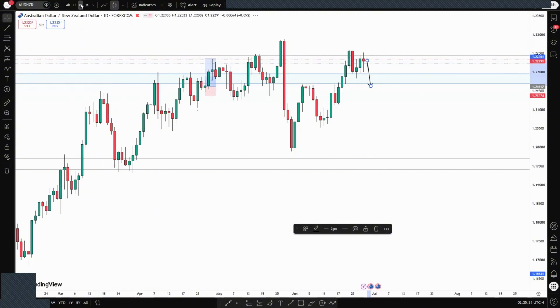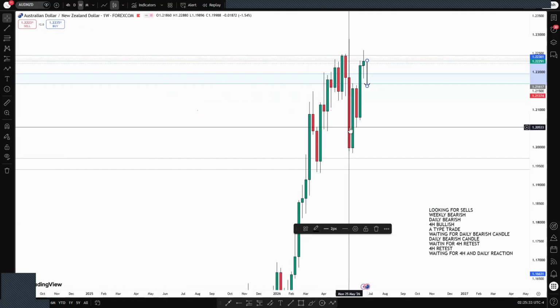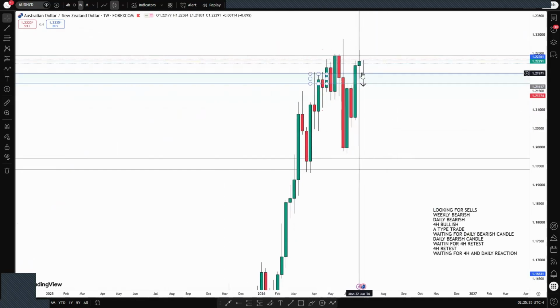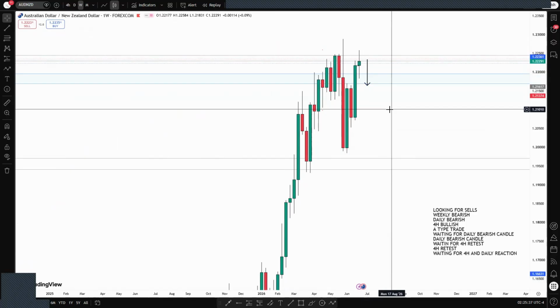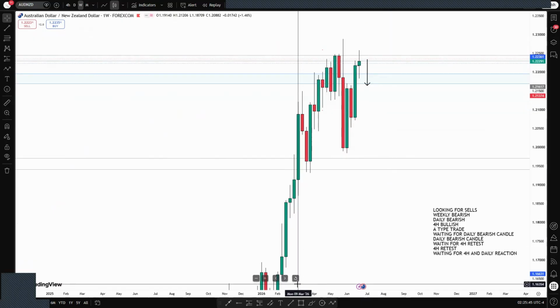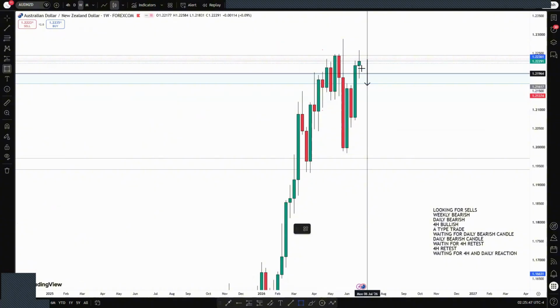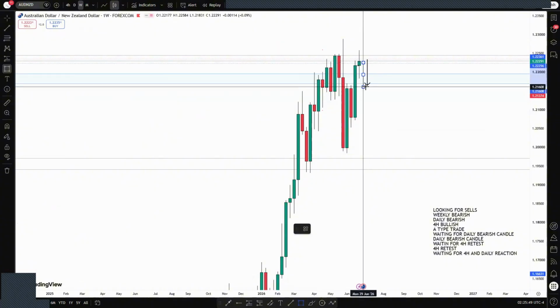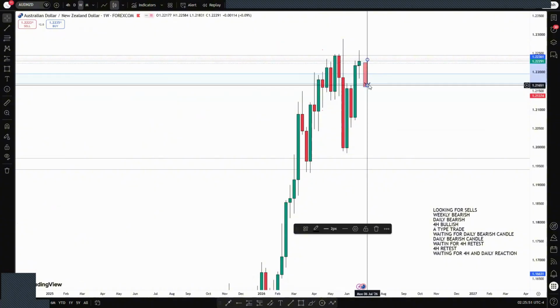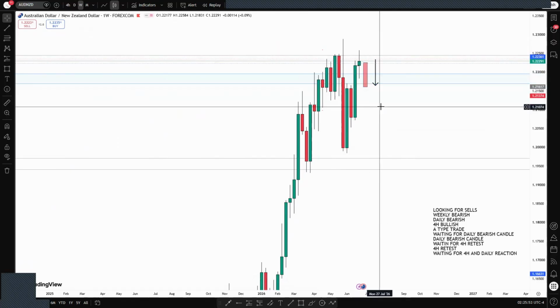Let's see how the weekly closed. The only bad part is the weekly closure. So I might skip this one again this week, so I can give a chance for the weekly time frame to finally close with a bearish candle. Okay.